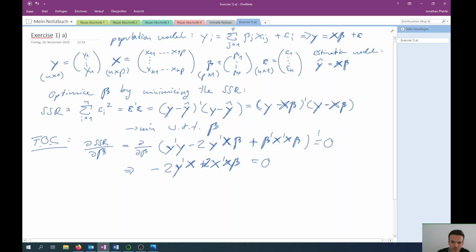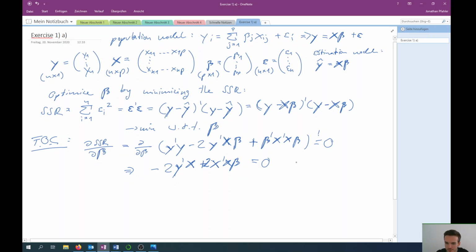So if we take the derivative of this squared beta, we will get 2, then the square matrix of X's, and one beta vector remains.